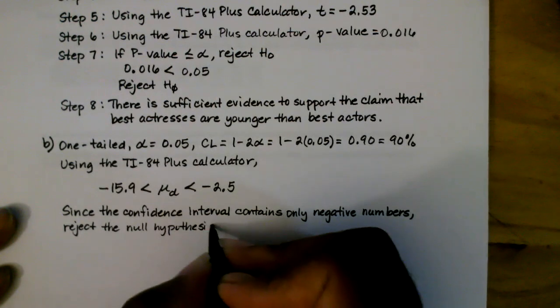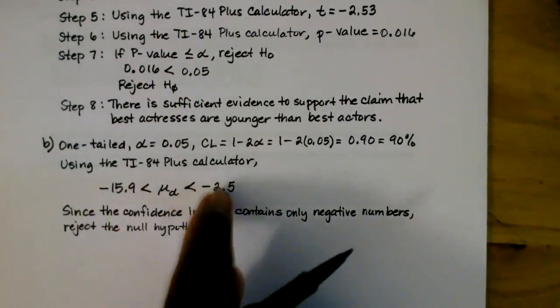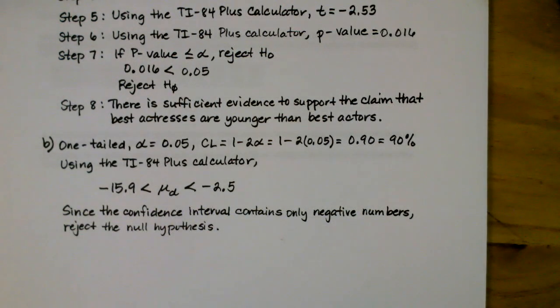Because obviously 0 is not in between those two negative numbers. So that means we have to reject the null hypothesis. So that pretty much supports our hypothesis test.